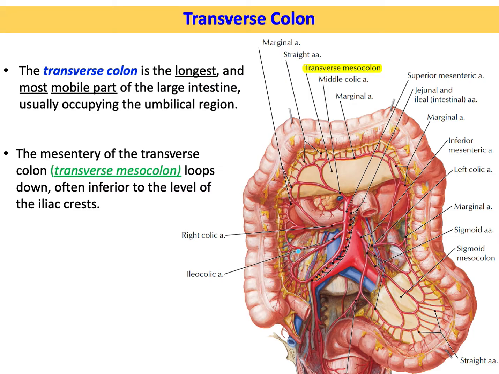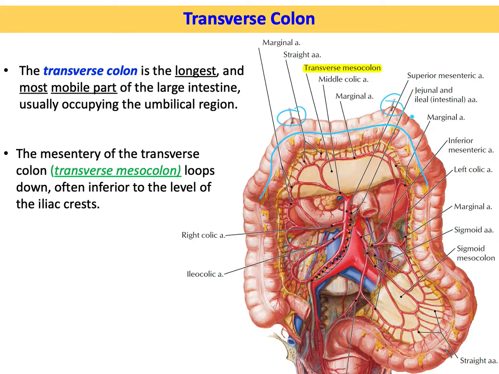Anyway, now let us shift to the transverse colon. This is the transverse colon, which is hooked up, or reflected up. You have to know that the transverse colon is the longest part of the colon, about 50 centimeters, and it's the most mobile part of the large intestine that usually occupies the umbilical region.